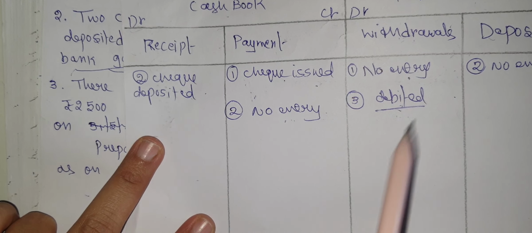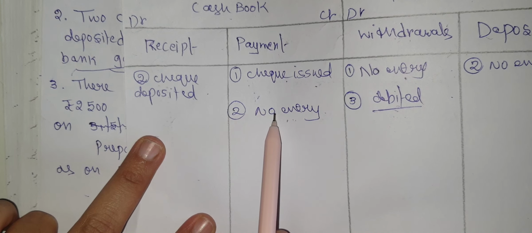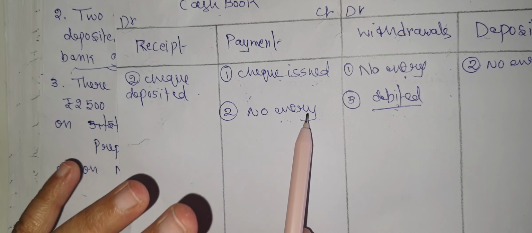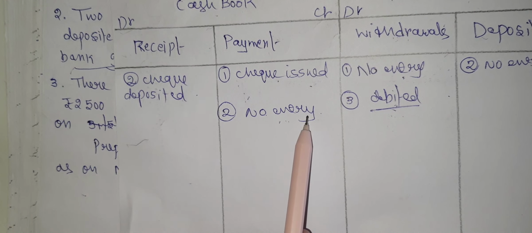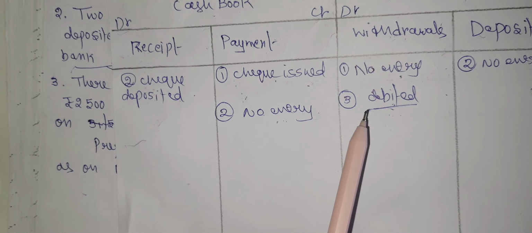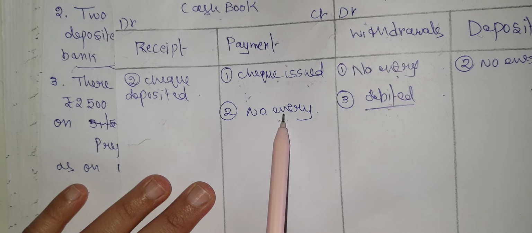Fine. So passbook balance is less compared to the cash book. Here payment side there is no entry, means XYZ Limited, they are not aware of the transaction only. Means they thought that their balance has not changed at all. Okay, so there is no change in the balance of the cash book.